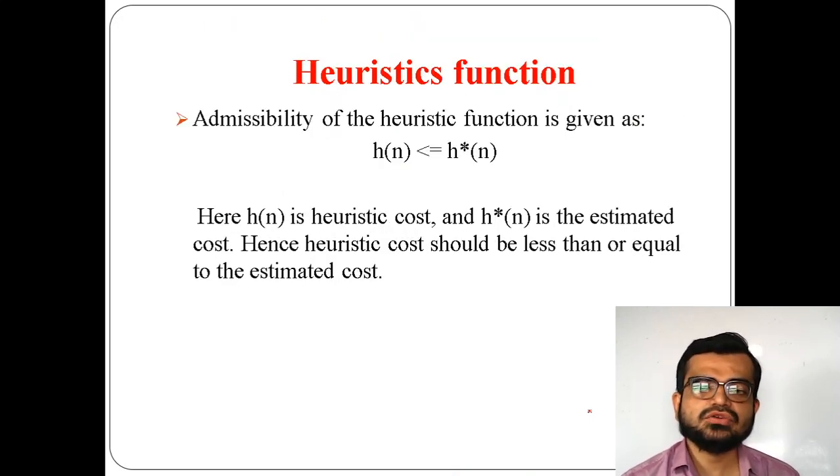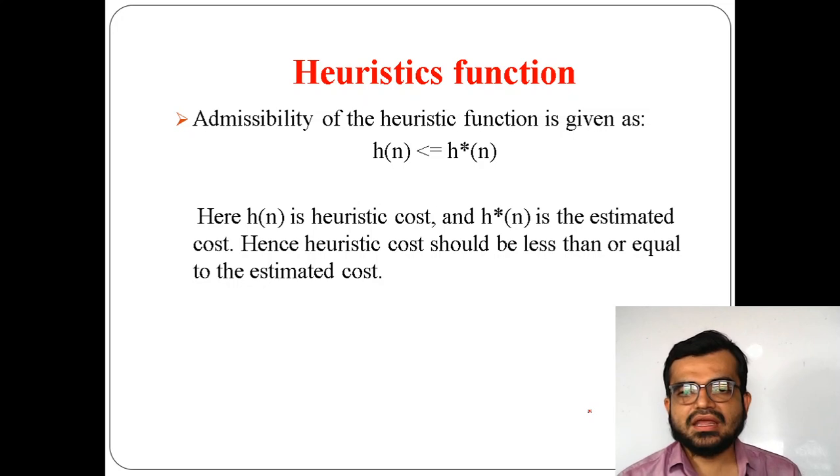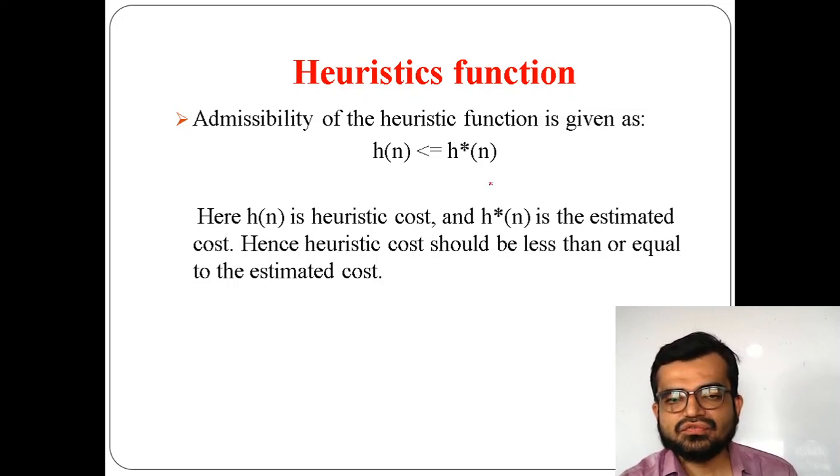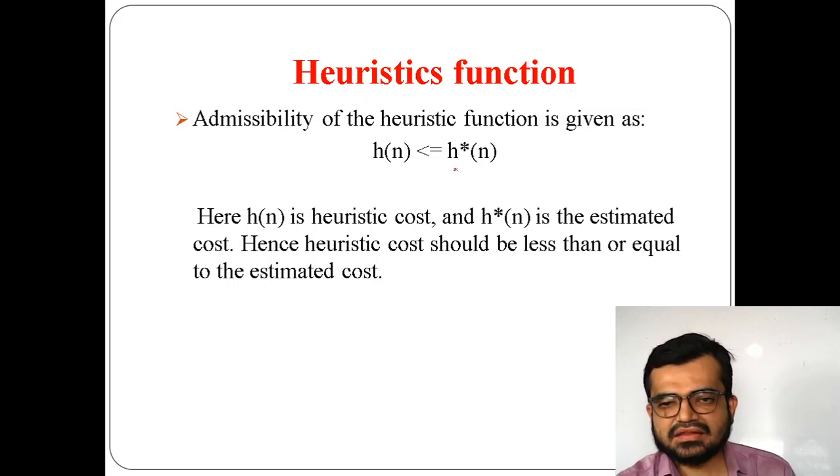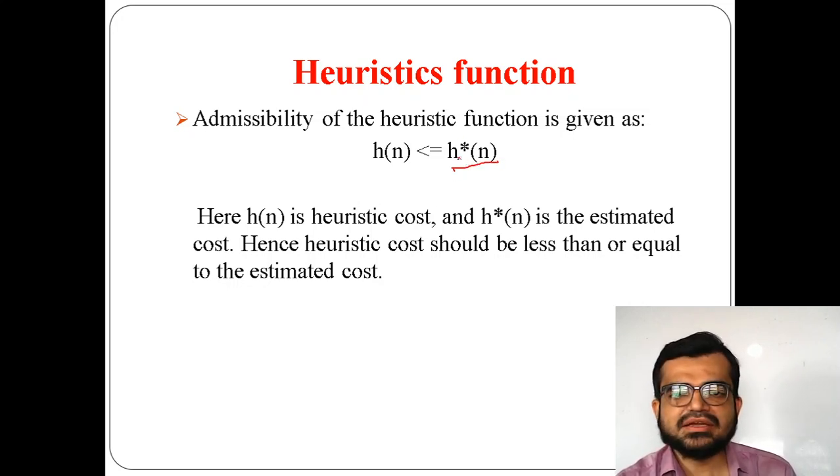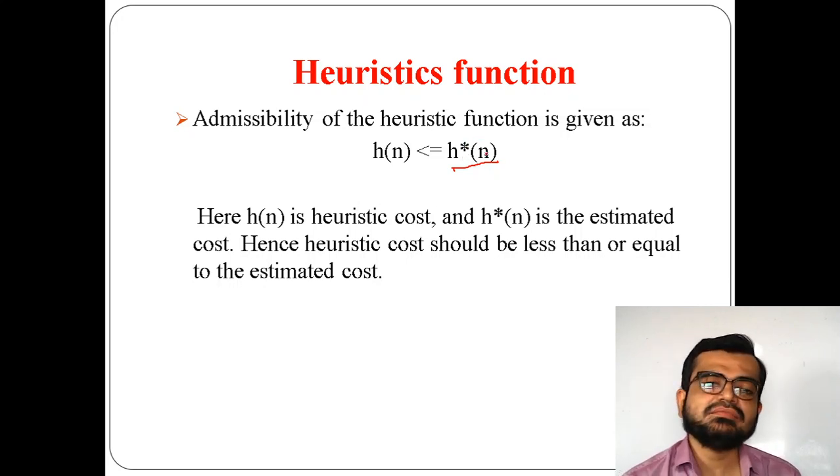Now, how does this heuristic function work? There is the estimate and there is the actual one. The estimate value determined by the evaluation function is denoted as h asterisk of n. This is the estimated cost.